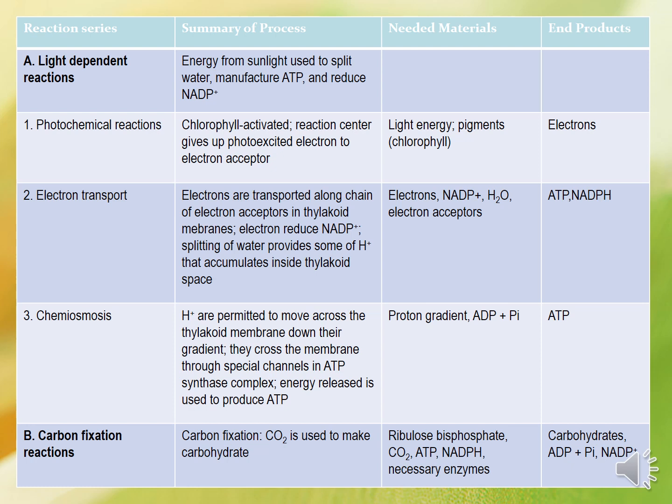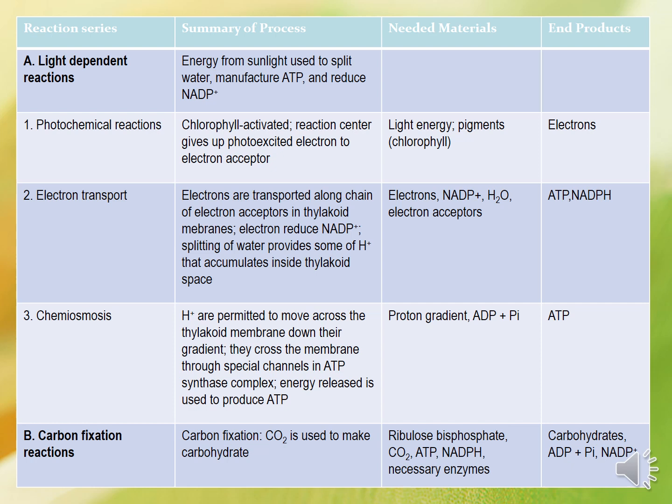If you remember the cyclic and non-cyclic reactions, they also produce NADPH. Then last in the light reaction, they have chemiosmosis. Chemiosmosis is all about the hydrogen ion gradient and ATP synthase. So the needed materials in chemiosmosis are the proton gradient and ADP plus Pi, inorganic phosphate, because their end product is ATP.